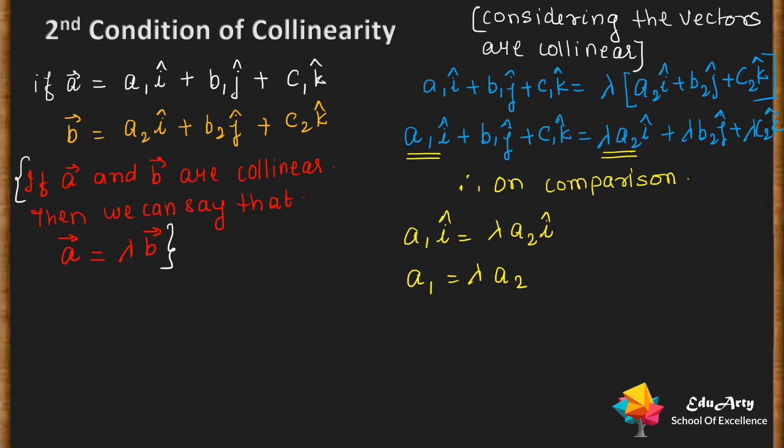That means a1 by a2 is equal to lambda, correct.